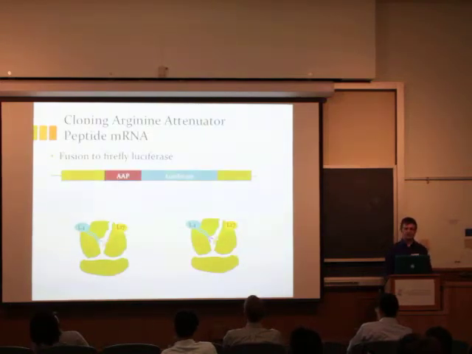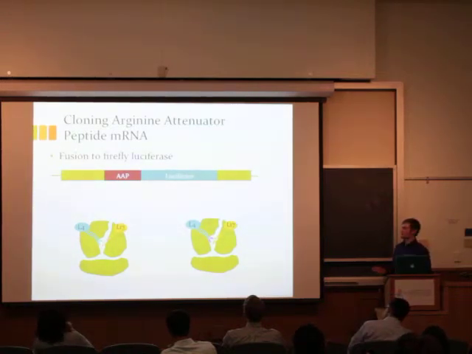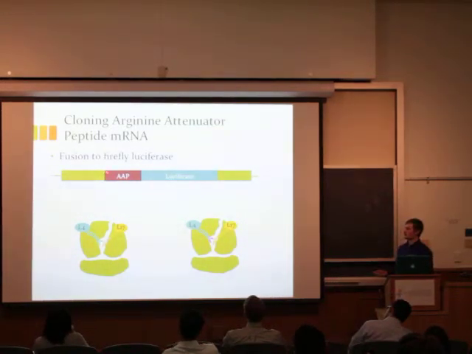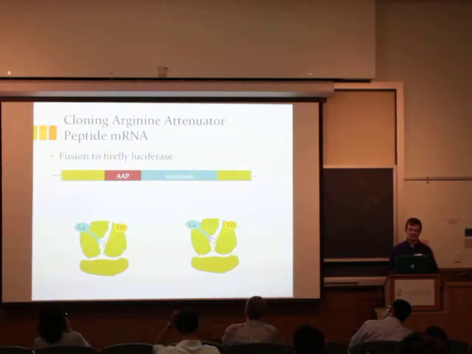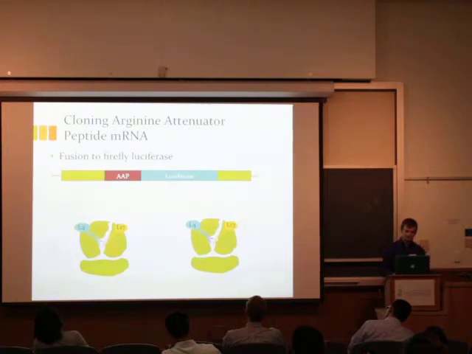So as I said, I needed to program these translational lysates with mRNA. Basically, arginine attenuator peptide ahead of luciferase. Luciferase is a gene from fireflies that fluoresces. So if there's more expression, then there's more fluorescence, and that's how you measure it.